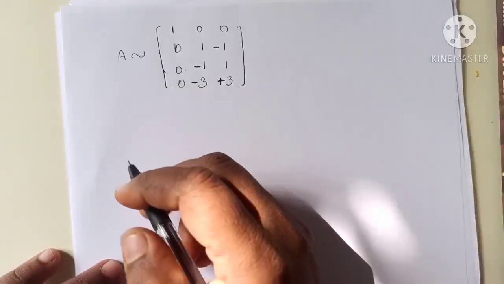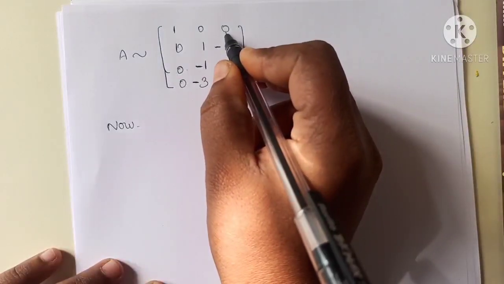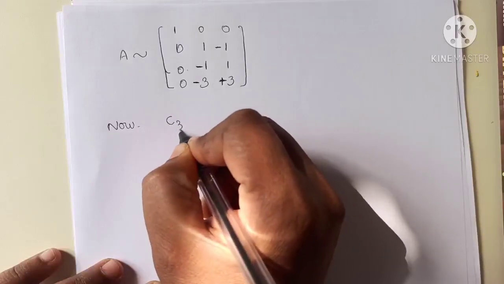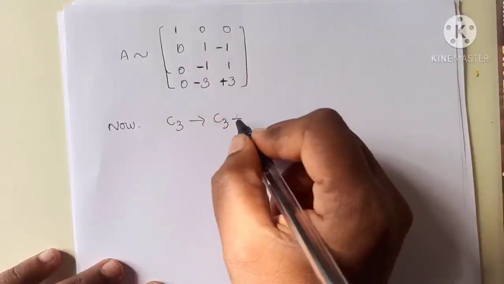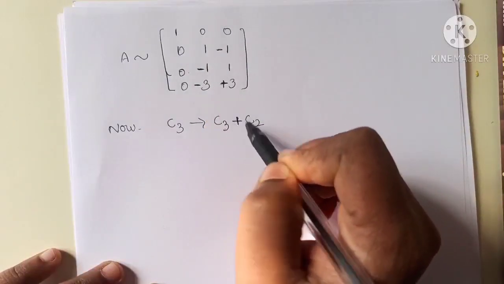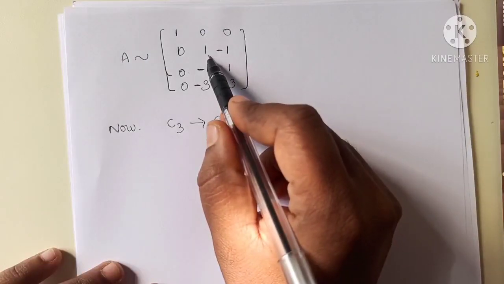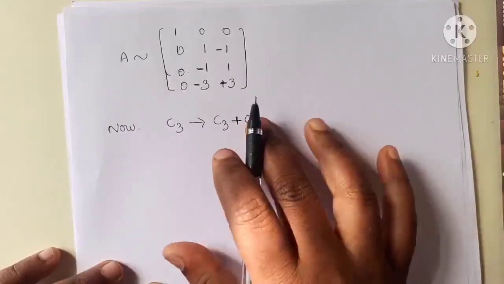Next, applying the column operation, that is C3 equals C3 plus C2. If we apply C3 plus C2, then this minus 1 plus 1 becomes 0, plus 1 minus 1 is 0, plus 3 minus 3 becomes 0.